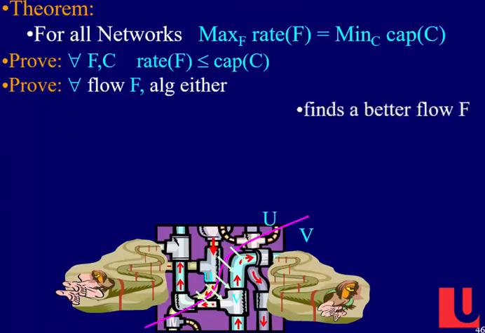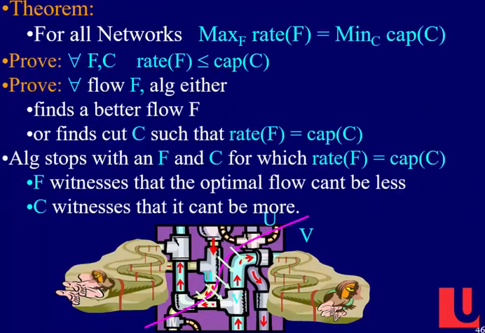If I have a solution to the primal, I keep getting a better and better flow. And when I can't get a better flow, then the algorithm hands me a cut. And the flow and the cut have the same value.